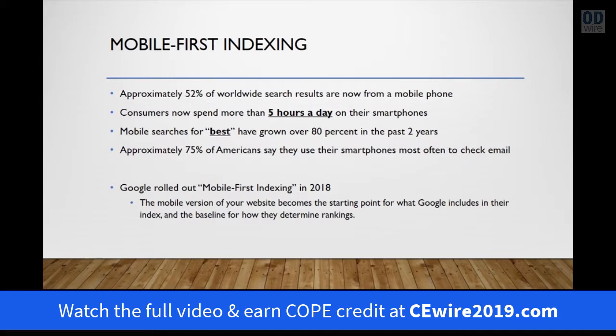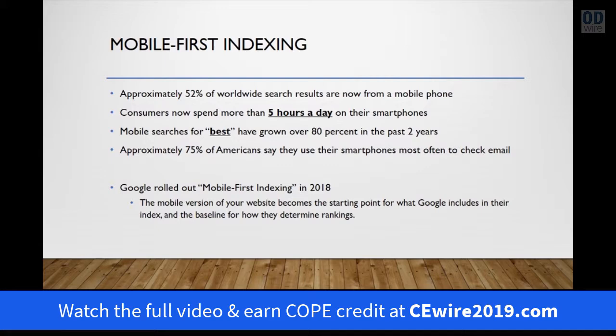So if you have a website that is not mobile responsive and doesn't work well on a mobile phone or a tablet, you're going to see a significant drop in your search rankings compared to a year or two ago in particular. So a little bit about the mobile first indexing. These are just some recent stats that I pulled up not too long ago, but you probably wouldn't be surprised that about 52% of worldwide searches are now from a cell phone or mobile phone.